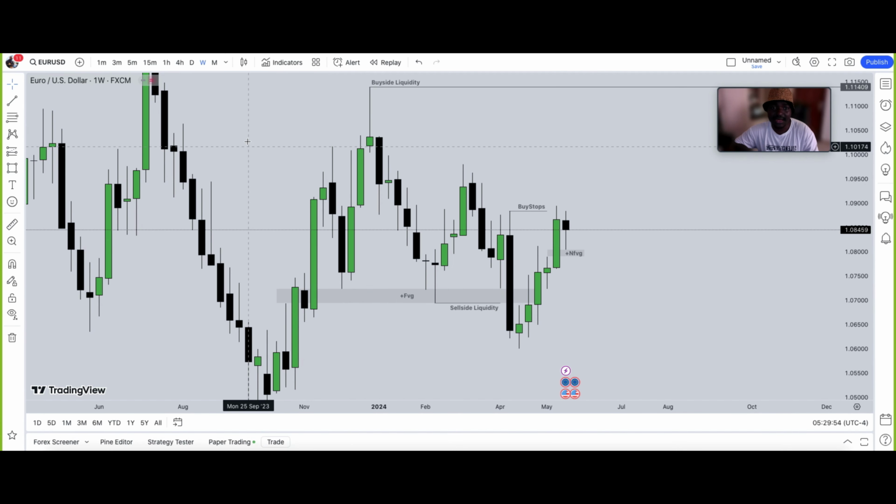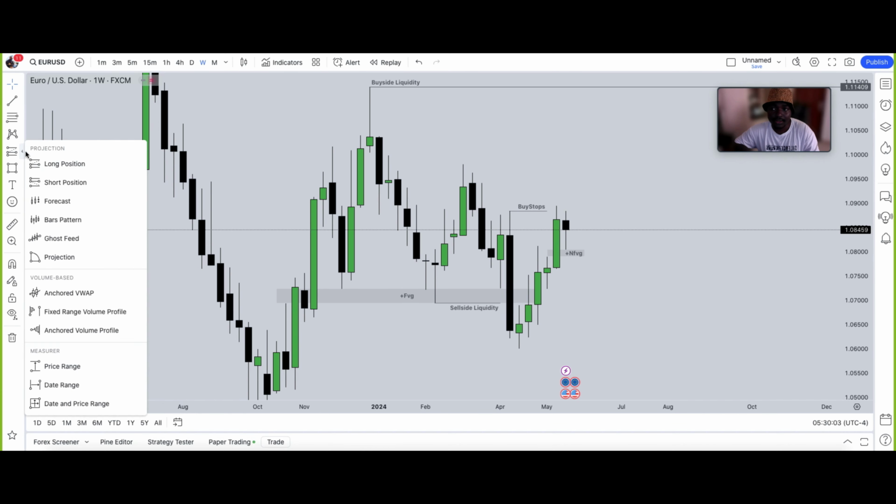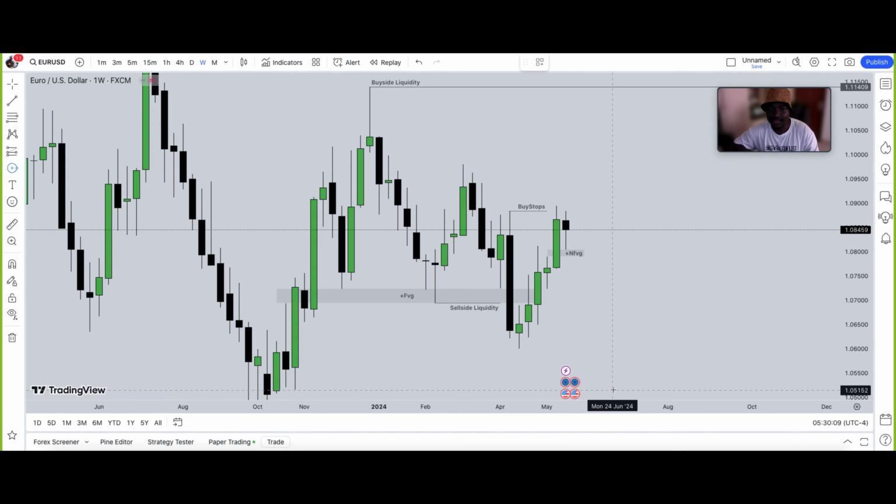So what is my anticipation? Now, since this is an intermediate high or an internal range high, what I'm clearly looking at right now is this scenario that we have this low, and we have this high at this point here.